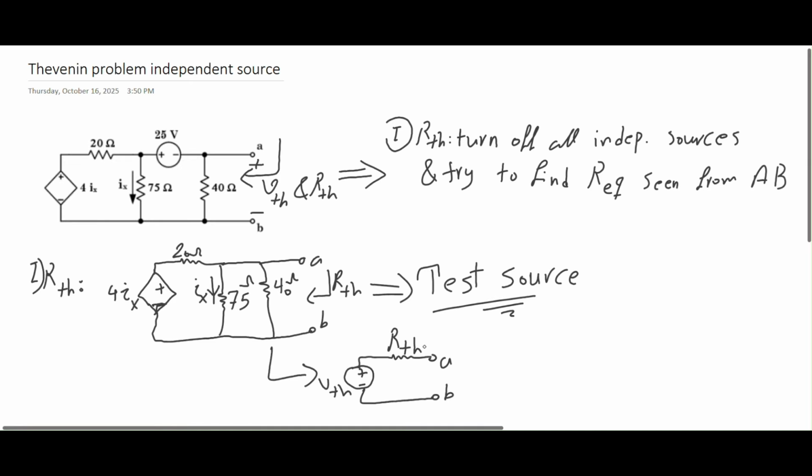If we consider this resistor the Thevenin resistor, and I don't know the value, so the value is unknown. How else can I find an unknown resistor, let's say in a lab? If I give you a resistor whose value is unknown, how would you find the value of this resistor?